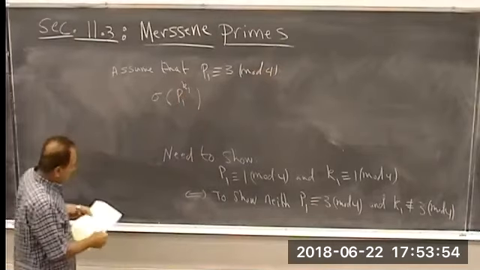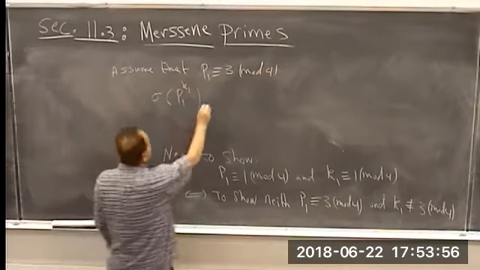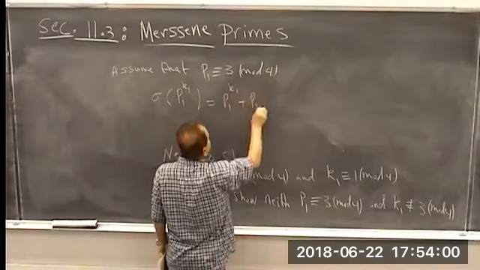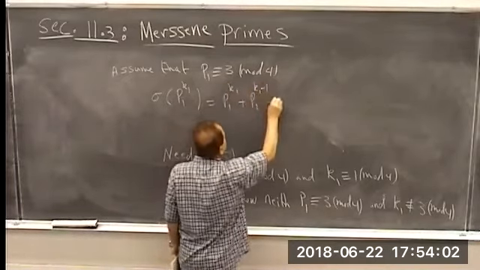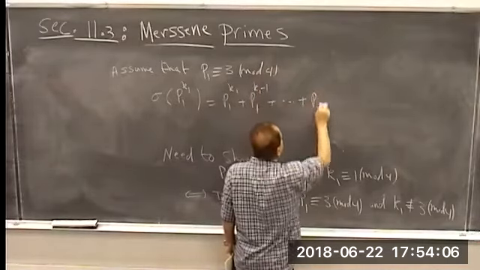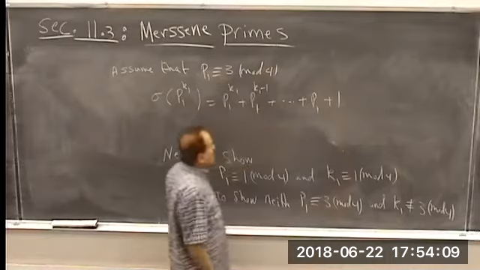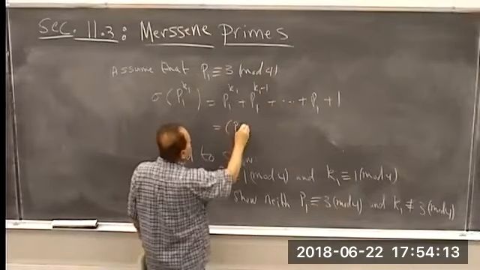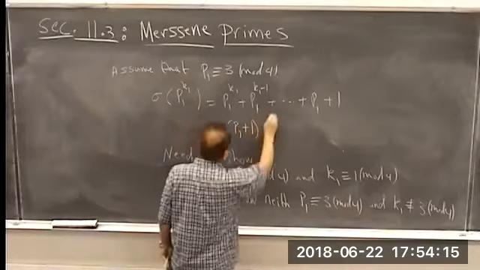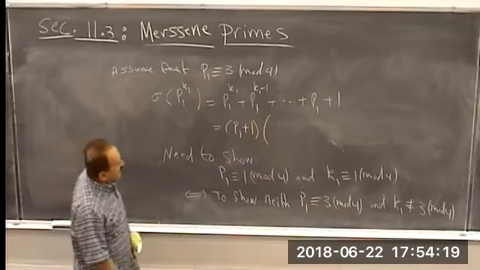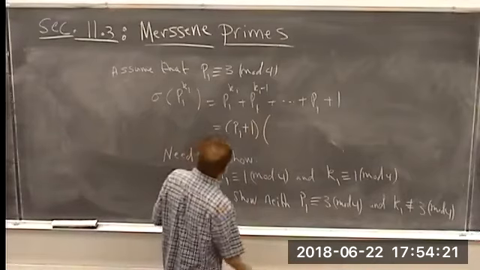So this is, of course, equal to 1 plus p_1 plus p_1 squared, up to p_1 to the k_1. I'm going to be factoring out p_1 plus 1, and you can check by direct multiplication that this is the correct factoring.